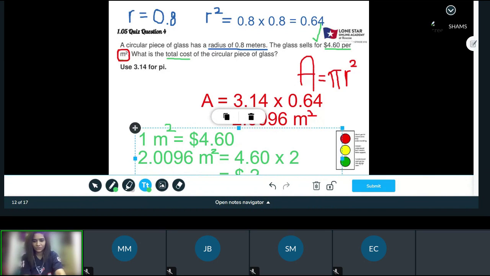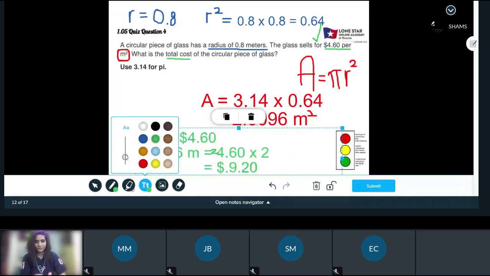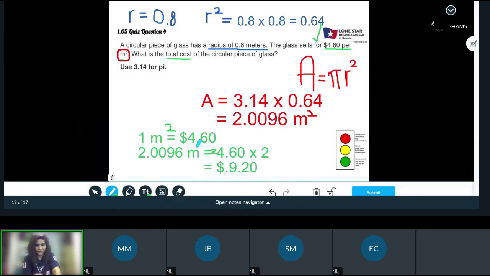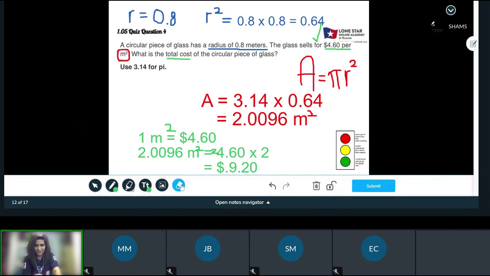Is that what you guys got? And see if I can make it a little smaller to fit. $9.20 approximately. And I'll put my square symbol here. And I will erase it from the other side.